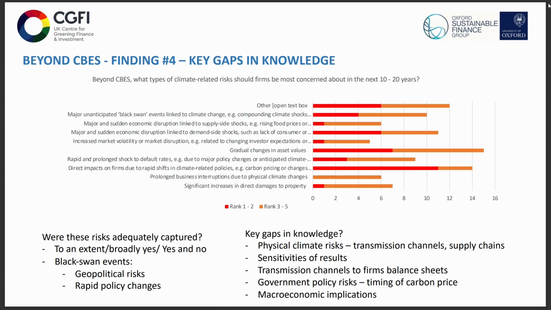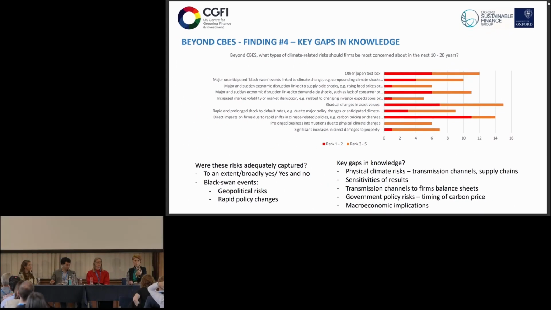Supply chain risks came out as a key challenge, as did a broad understanding of the uncertainties and sensitivities in government policy risks, and then the macroeconomic implications of this. A lot of the analysis was very asset level, analysing risks to specific firms and specific assets that they owned. But how was this going to affect the whole economy, and what would that mean for banks, was an area they identified as missing.